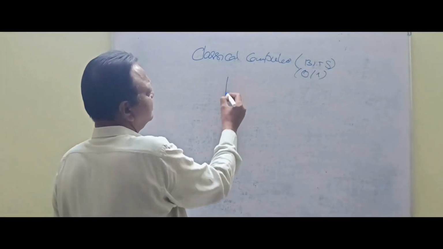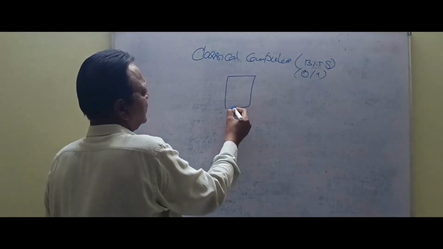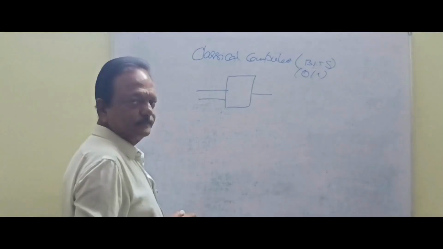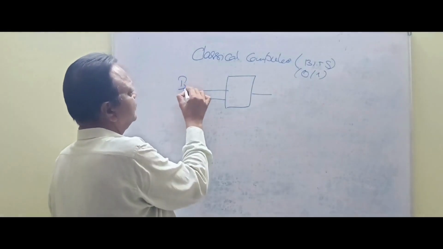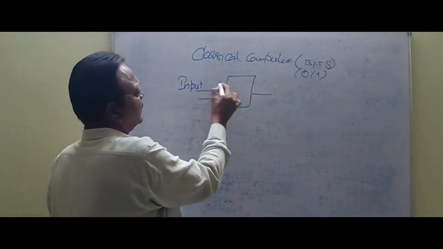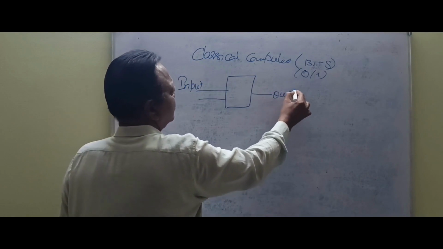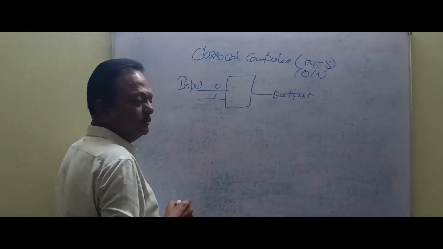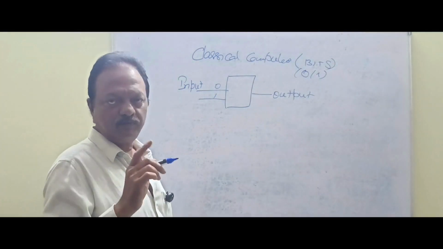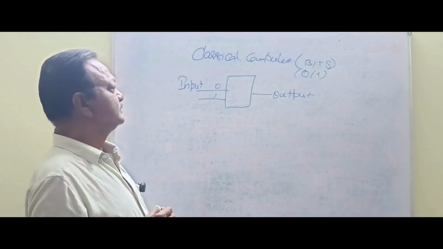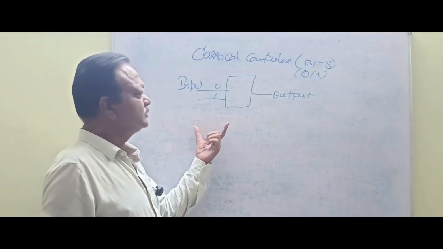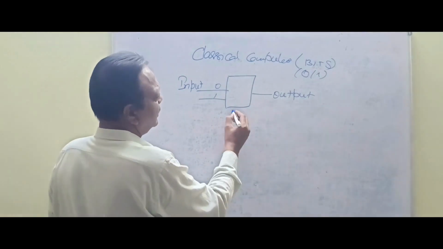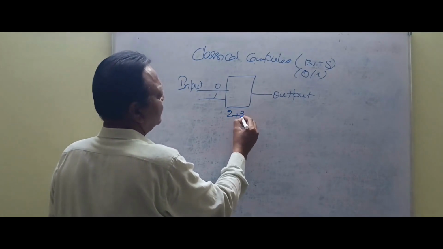So this is a computer system which uses an input value and gets an output. Input and output. It takes only 0 or 1 value, only one value. Now, to execute or solve any problem, let's take the example 2 plus 3 equal to 5.